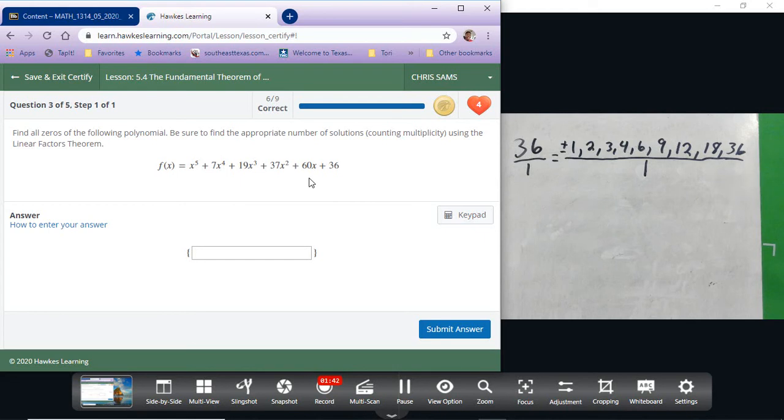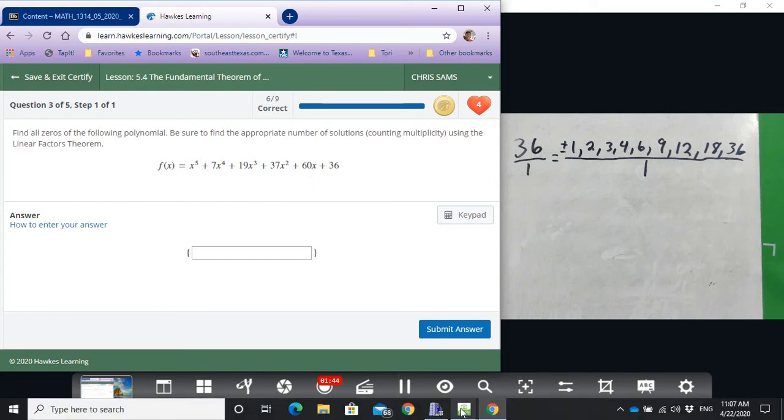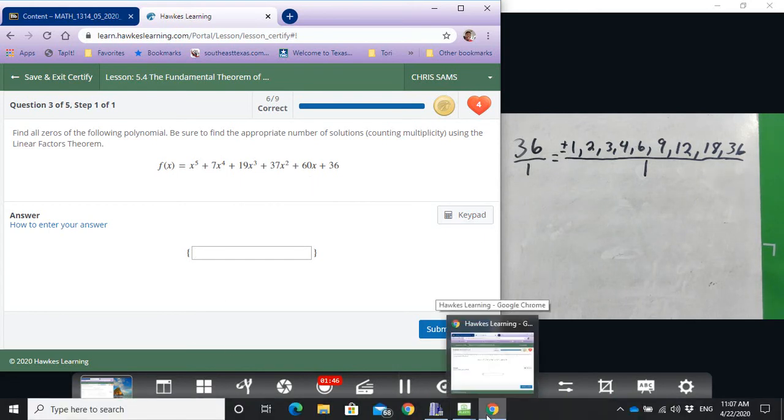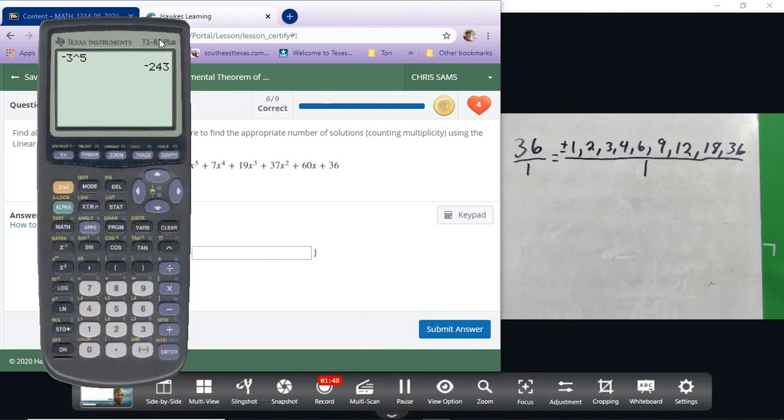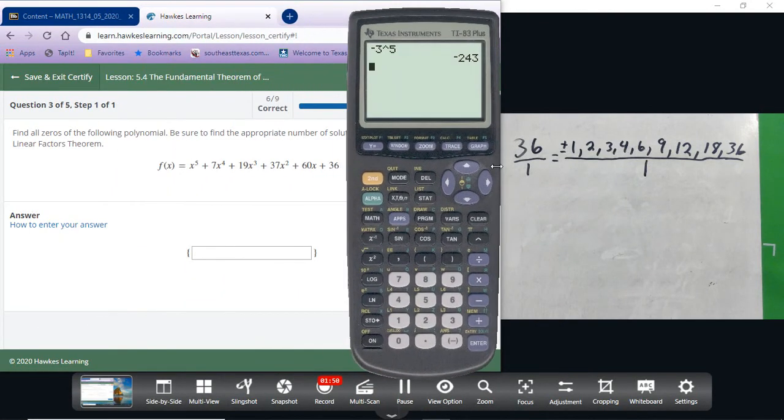So what I recommend is using your calculator. We're going to actually graph this and look and see where the graph crosses. So go to y equal, and I'm going to type this in.